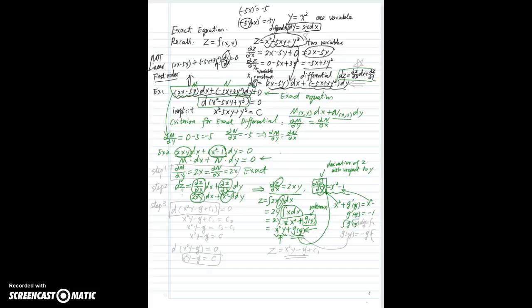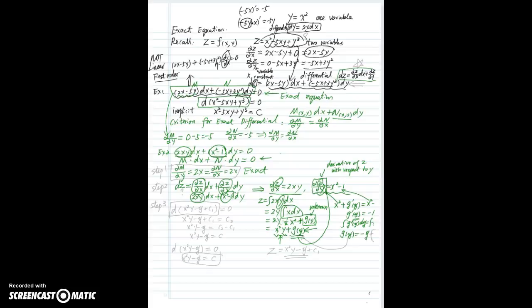After that, we need to figure out, by using the differential formula, what z is. In the example we had at the very beginning, we were given z. z was x squared minus 5xy plus y cubed. So what we did was take the partial derivative of z with respect to x, and with respect to y, and plug into this differential formula.